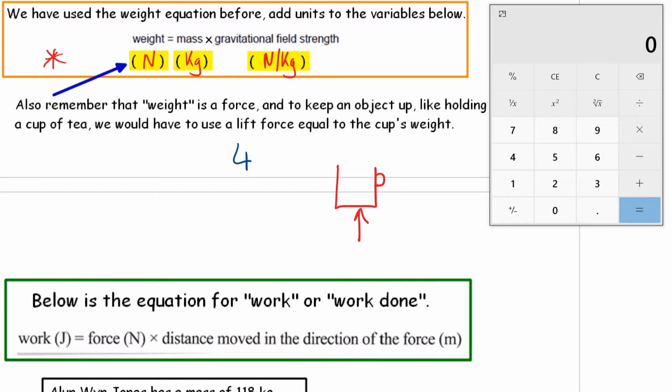So we call that the lift force. There's other forces your hands are applying. Your hands are acting on the sides of the cup as well, but they balance each other out. So the weight of the cup acting down equals the lift force acting up.